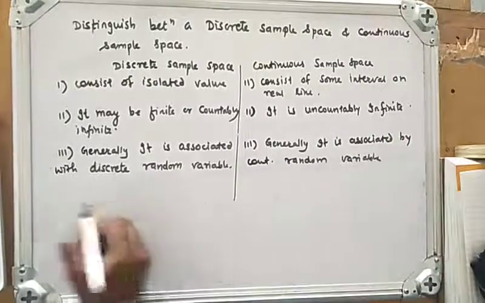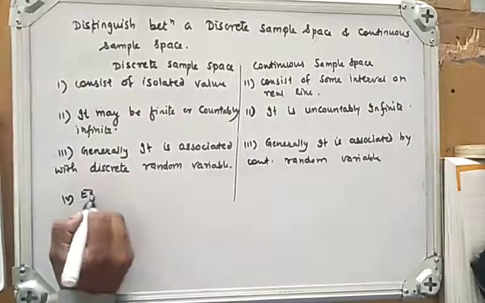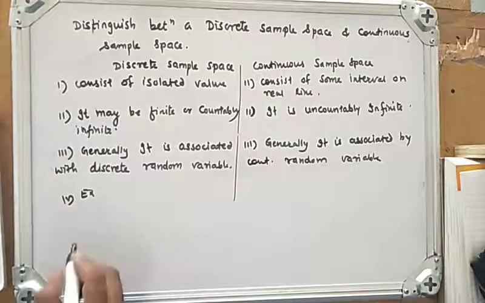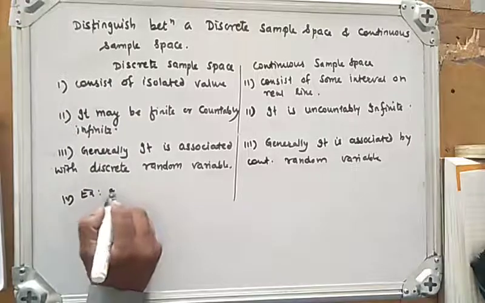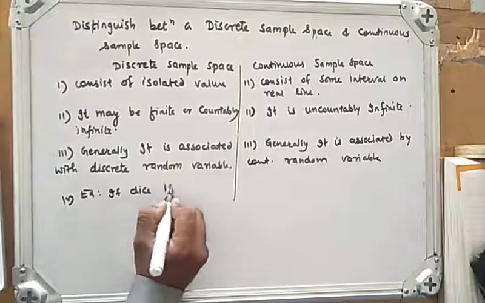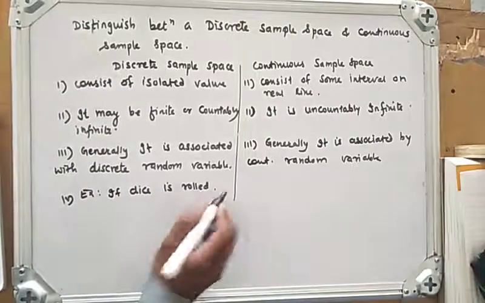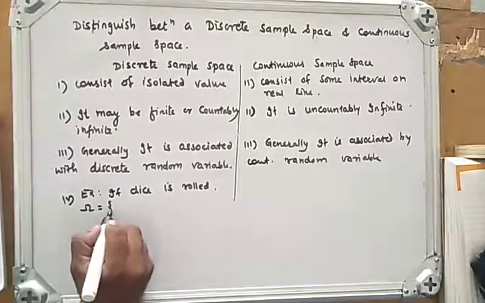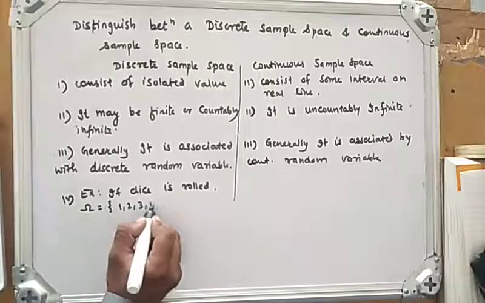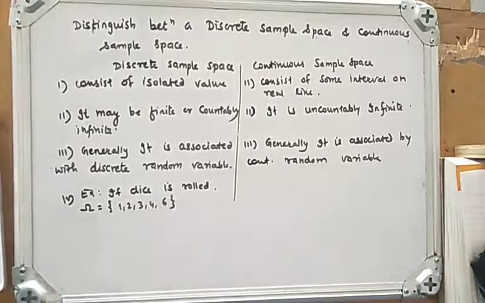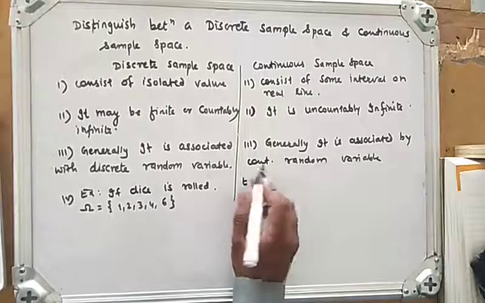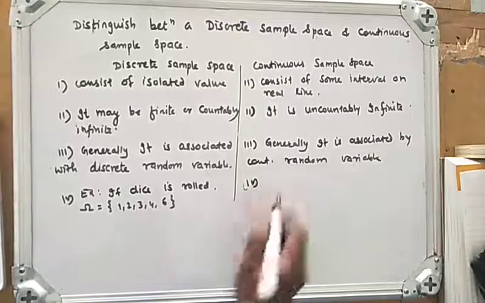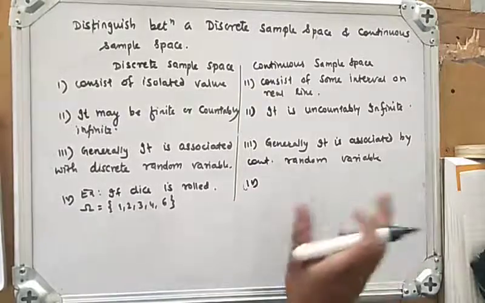Let's see an example. If a die is rolled, how many sample points are there? It has 1, 2, 3, 4, 5, 6, and a continuous sample space is of the interval type.